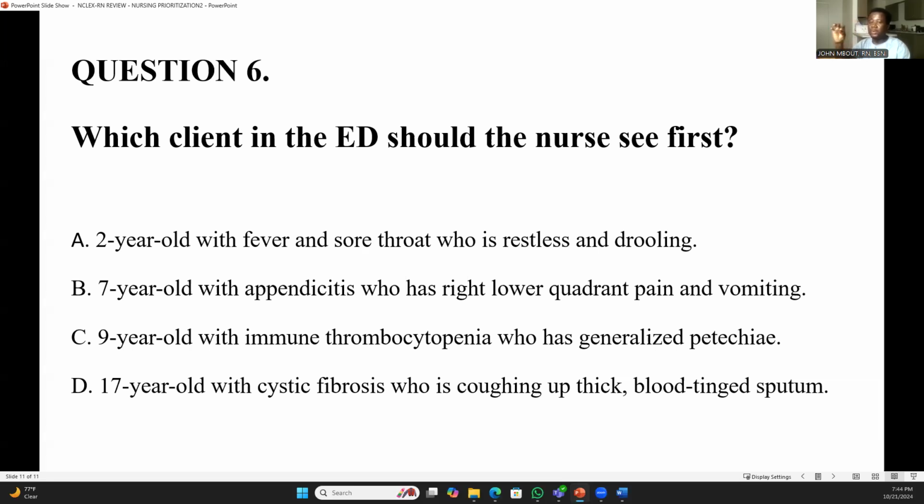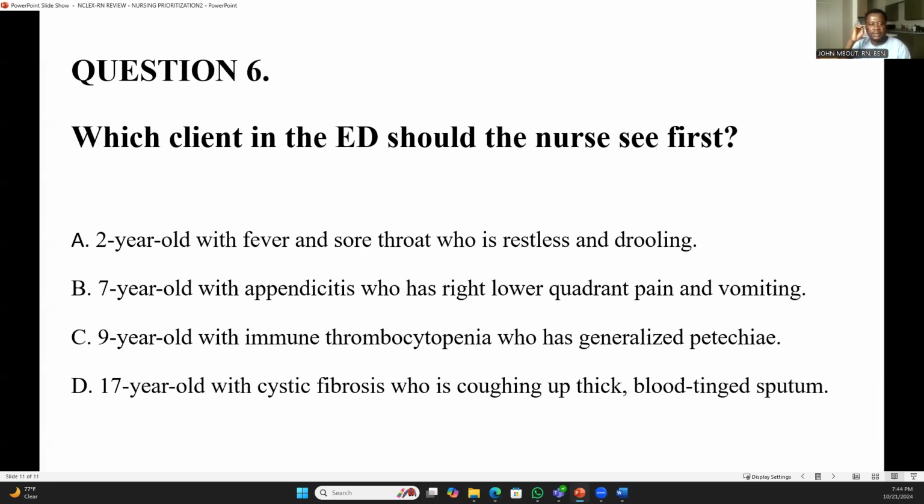This is a condition of acute epiglottitis. Okay? This client has airway compromise. The airway is obstructed. It is a medical emergency. You have to attend to this client first.